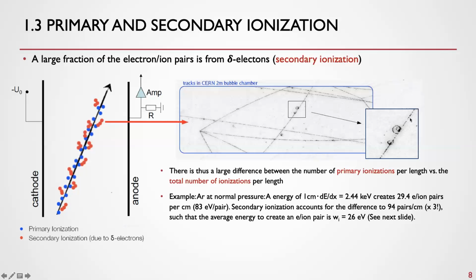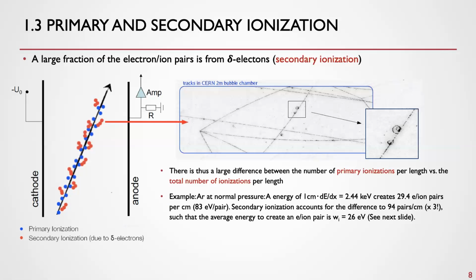So that's how the Landau distribution and the stochastics of these delta electrons would reduce the achievable energy resolution for small detectors. For larger detectors, that's less of a problem.